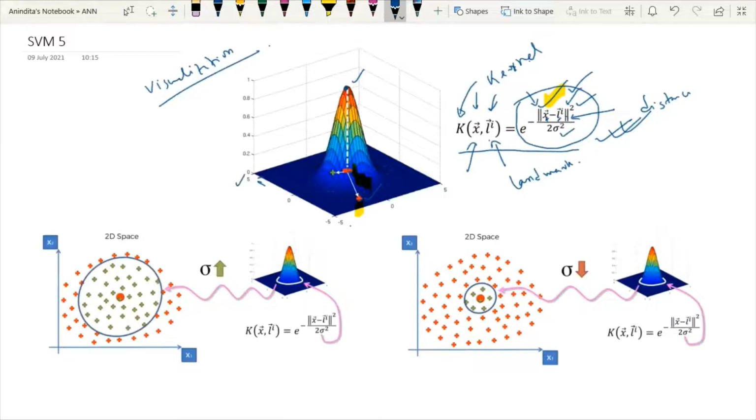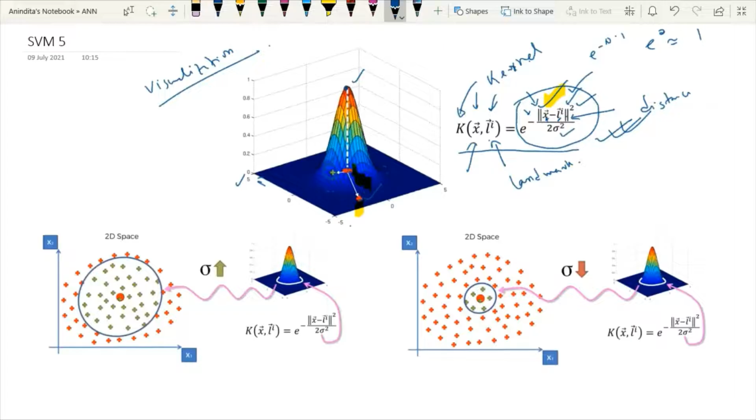Now consider another point, this green point. It is nearer to the landmark, meaning this distance is less. Since this distance is quite small, we get e to the power of some small number, say minus 0.1. At this point we are getting e to the power 0 basically, and e to the power 0 means it is 1.